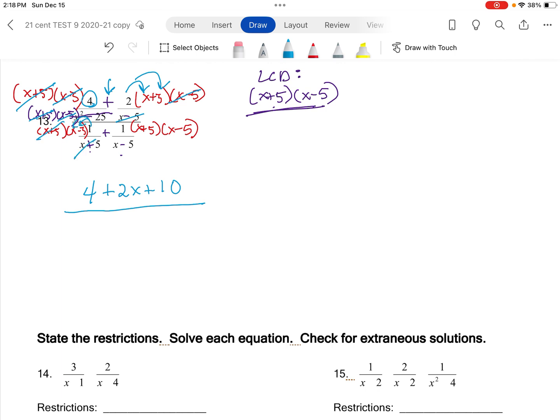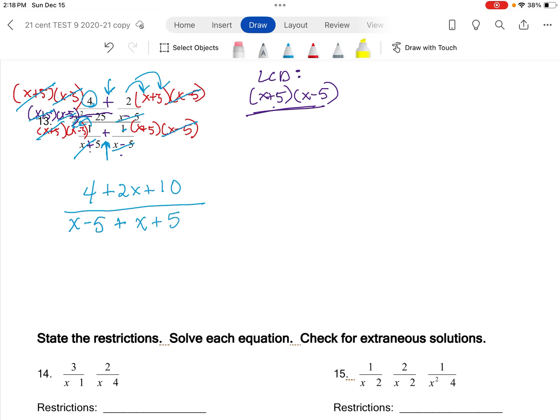When I distribute 1 through, I get x minus 5. Then I have this plus. That's what most people forgot. Then the x minus 5 reduces, so I have 1x plus 5.